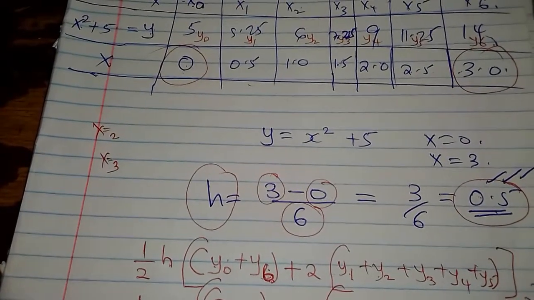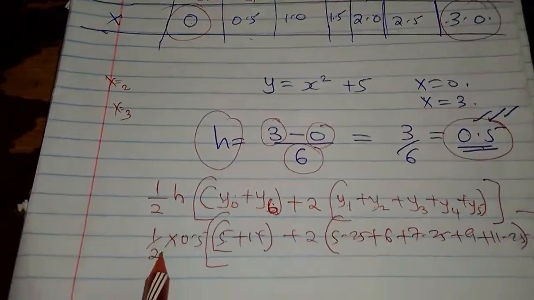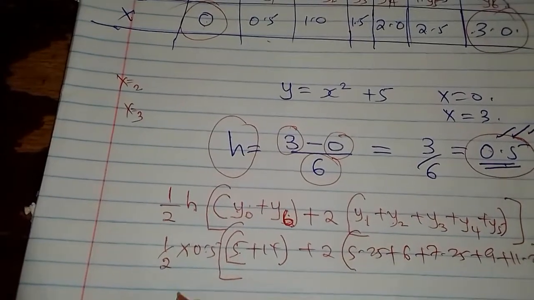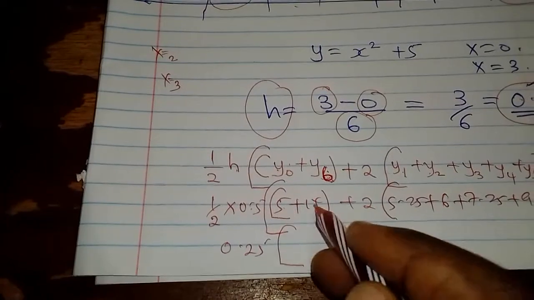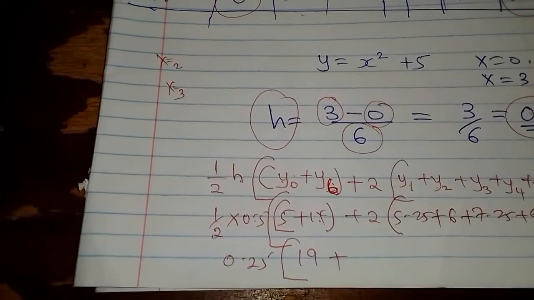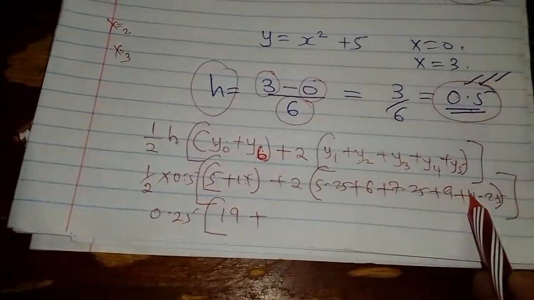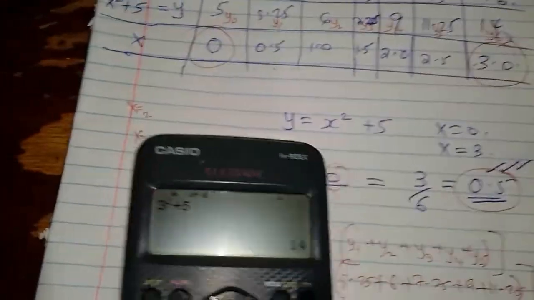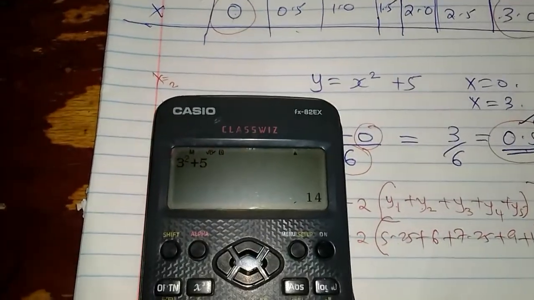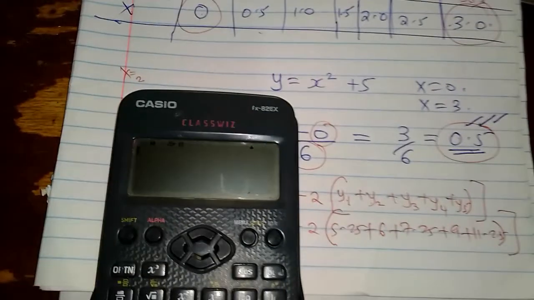Close brackets, then close. So what is a half times 0.5? That gives us 0.25. Open brackets. What is 5 plus 14? That is 19, then plus. Then you can add all these ones, then multiply by 2.